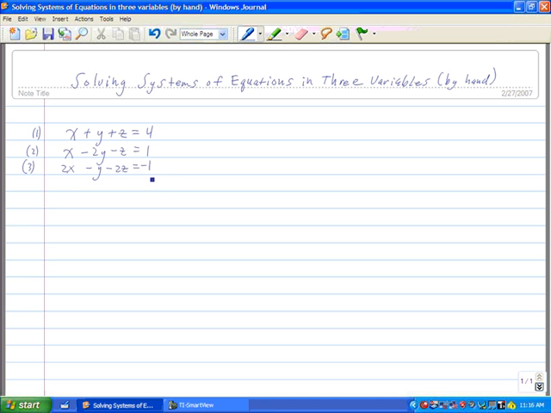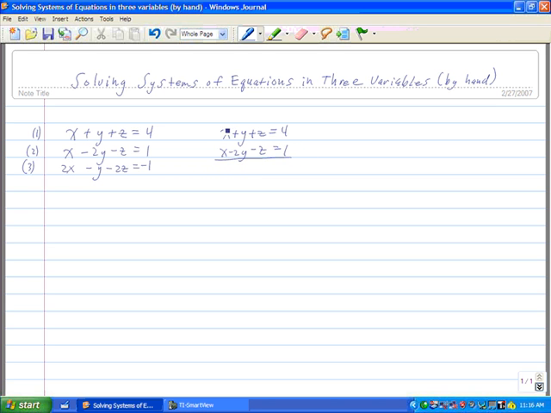Now, what I've decided to do is use equation 1 and 2 to eliminate the z. So I will step off to the side here and rewrite these two, because writing them as they originally are, the z's are already prepared to be eliminated.